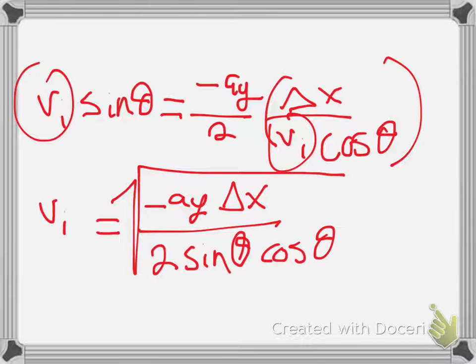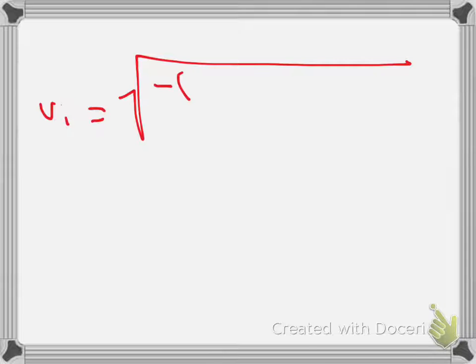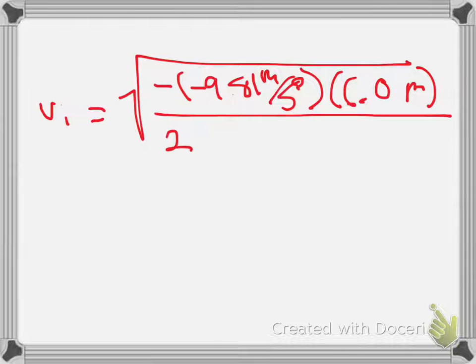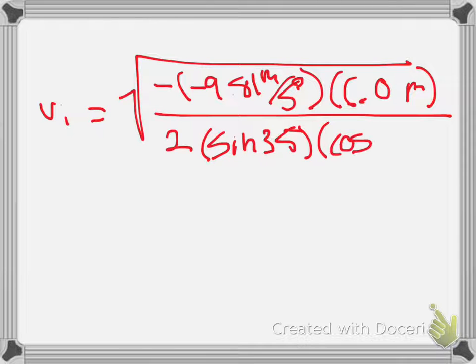If we do that, it'll look something like initial velocity equals the square root of negative 9.81 meters per second squared times 6.0 meters divided by 2 times the sine of 35 times the cosine of 35.